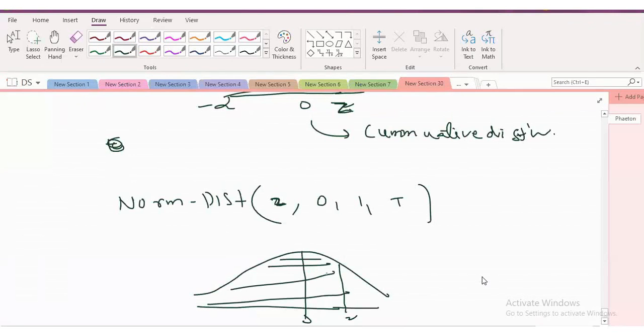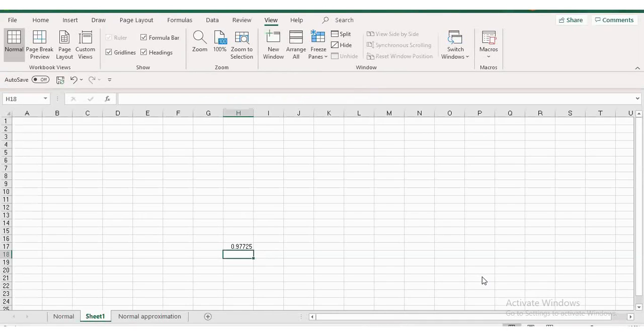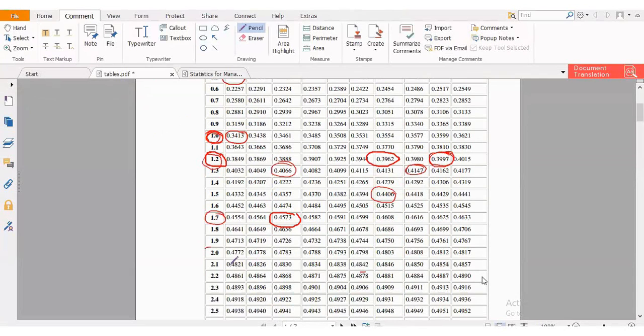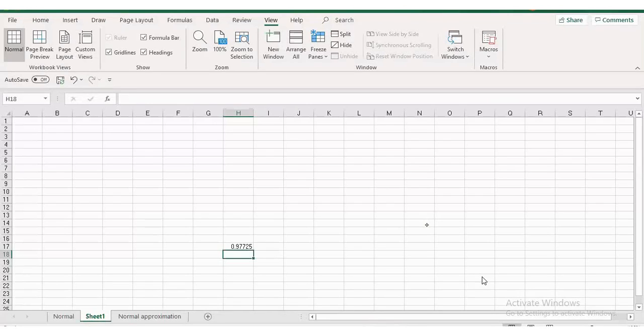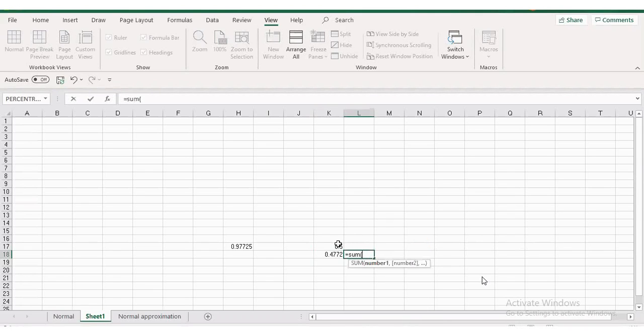So why is it given like that? So this is the 0.5. How much is this up to 2? Already we calculated. Let me show once. This one, 0.4772. So 0.5 and 0.4772, which is equivalent to sum of these two values. All clear?